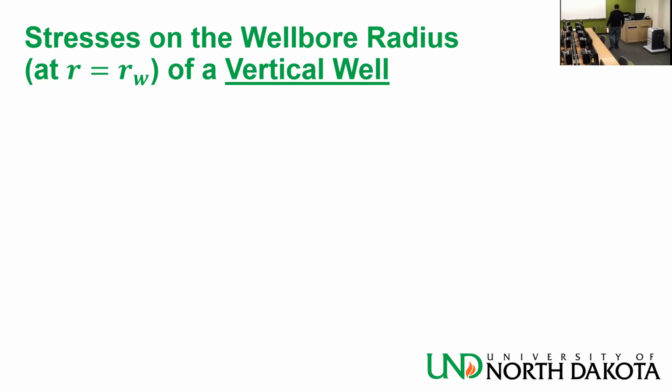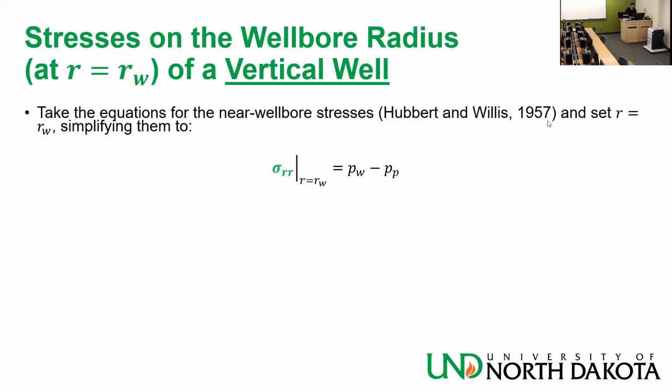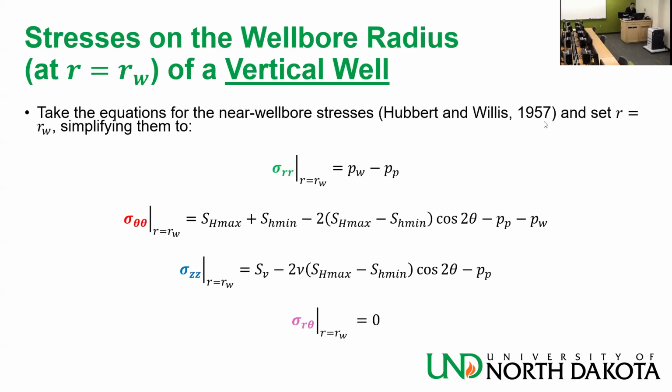Okay. Now for a vertical well, I took the equations from earlier and I said r equals rw. So I simplified the equations to these expressions, which are pretty simple. None of them takes more than one line. And they're fairly nice.